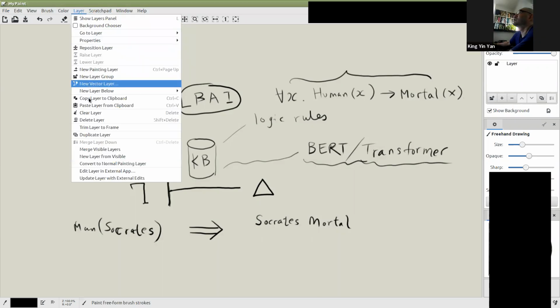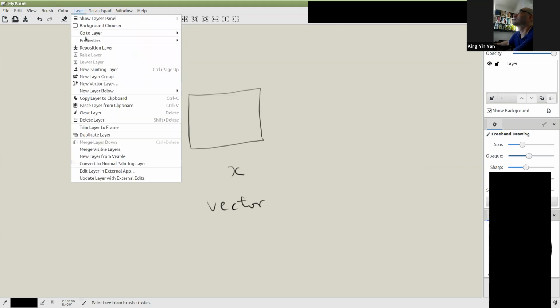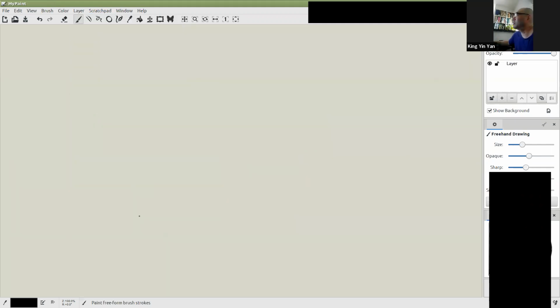Let me show how this is done. So basically, you output a vector, right? And then the vector x is multiplied by a matrix. I don't know how to show that, but it is an important point. So the output vector is multiplied by a matrix.